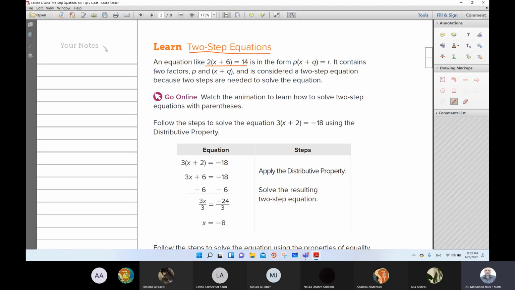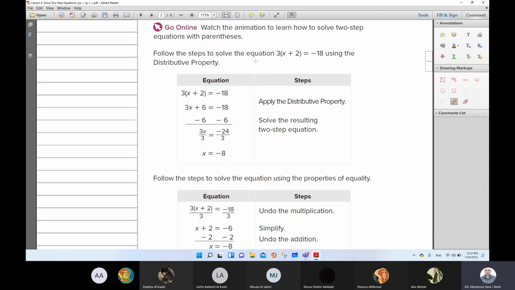It contains two factors, the first factor p and the second factor, the parentheses (x + q), and is considered a two-step equation because two steps are needed to solve the equation.